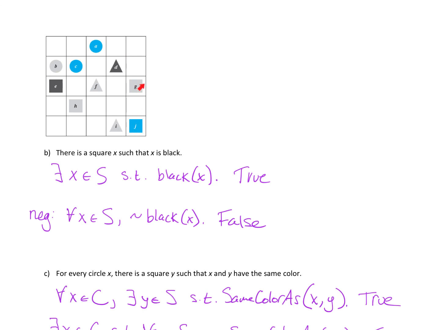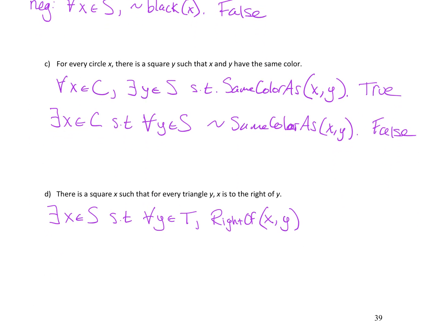So I could say G works, right? So that for every triangle, G is to the right of the triangle. Or the same thing is true about J. So this is true. There is a square such that for every triangle, the square is to the right of the triangle. So true.